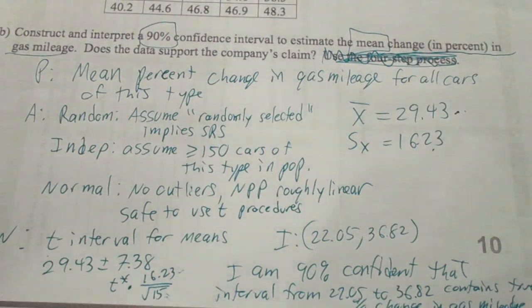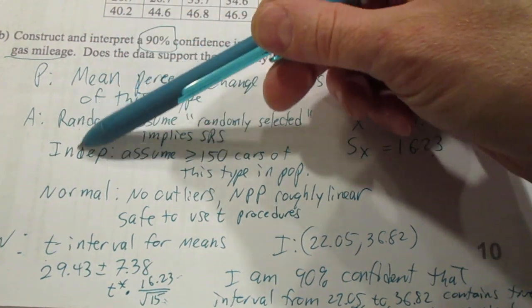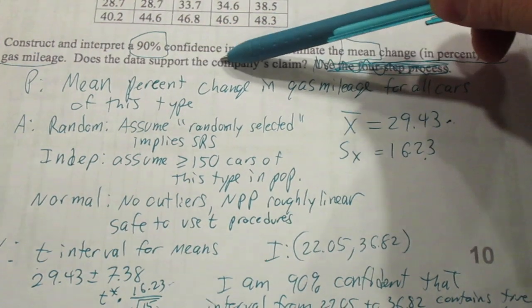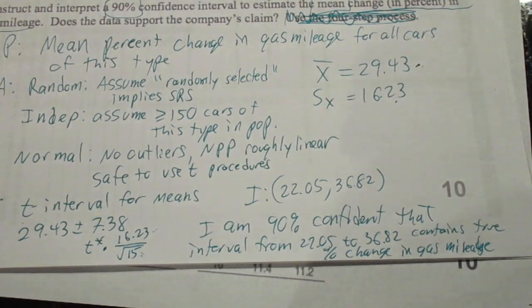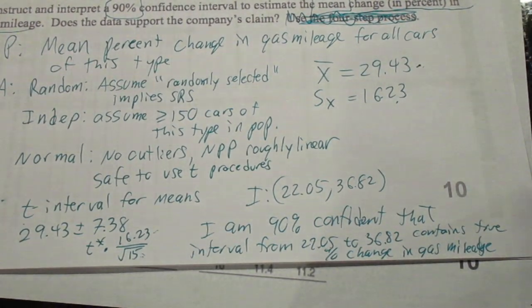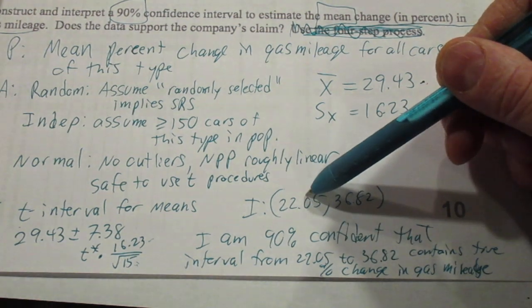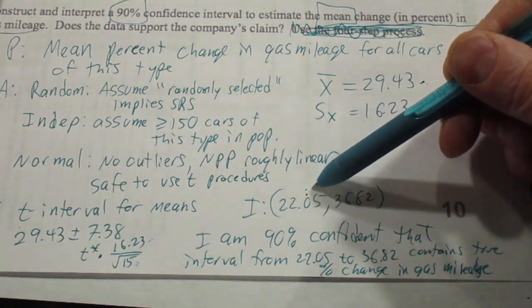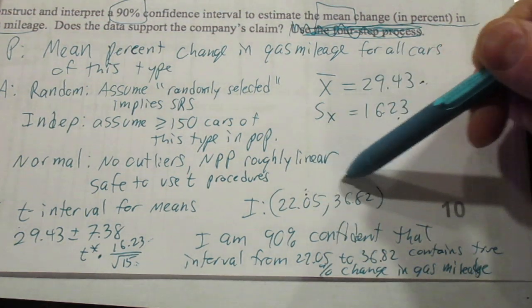Oh, and then before you break your arm patting yourself on the back, did you answer the question? Does this data support the company's claim? The claim was they may increase gas mileage by 30%. I'm 90% confident that the true percent increase in gas mileage is somewhere here.